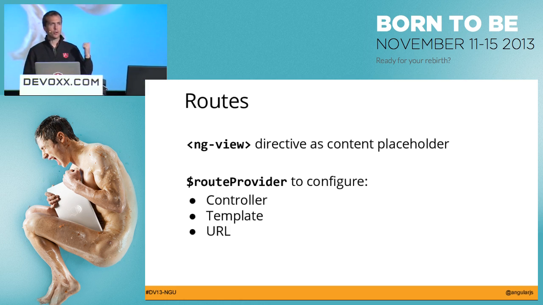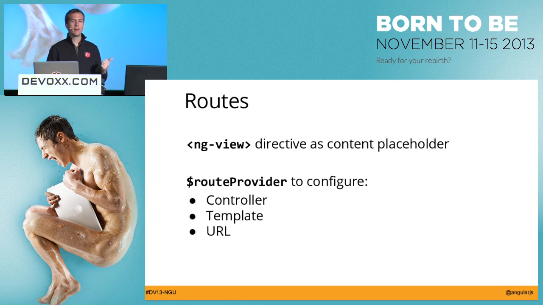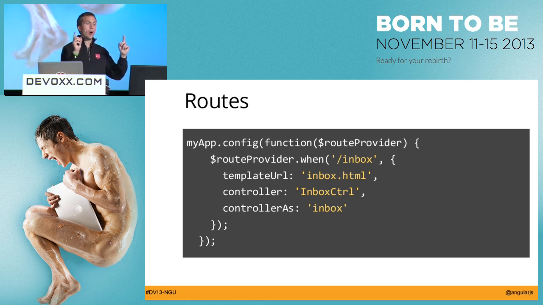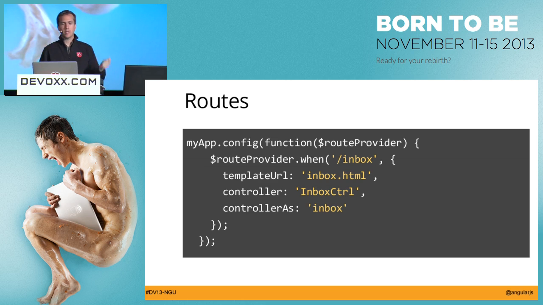One, I'll set up a controller that gets created for me whenever this route gets activated. I'll set up a template. This is the piece of HTML that gets loaded for me. And then the URL, meaning if somebody enters a certain URL on my app, if Angular sees this, we should automatically switch to this route, create the controller, and load the template for you.